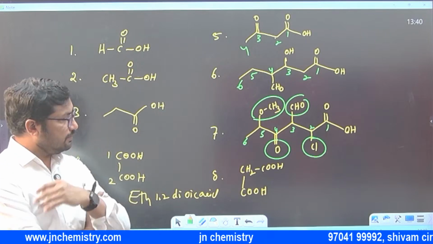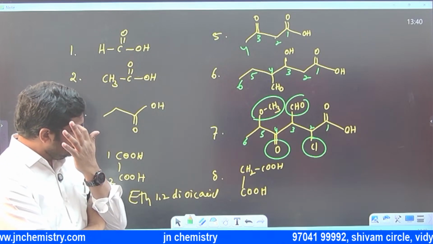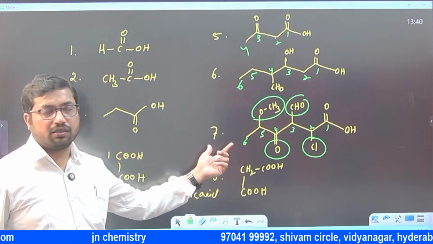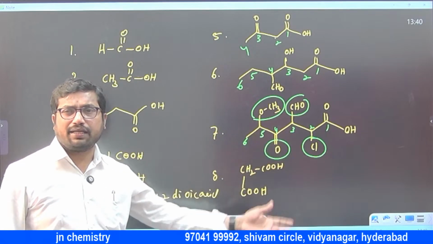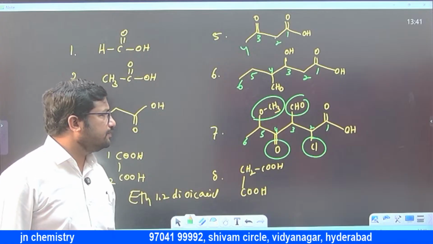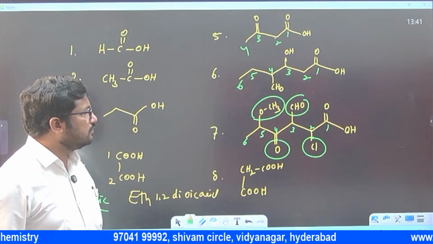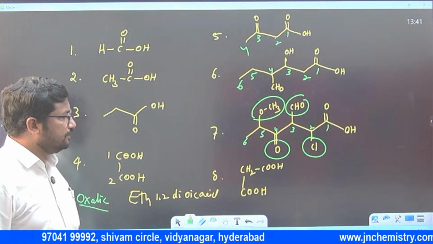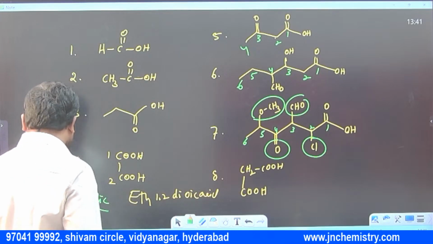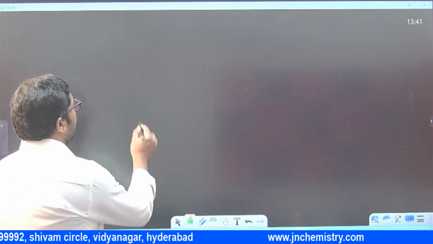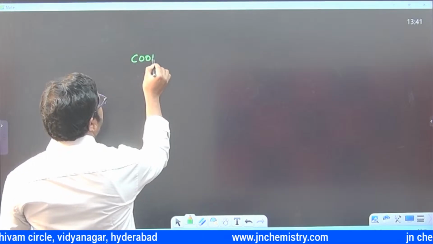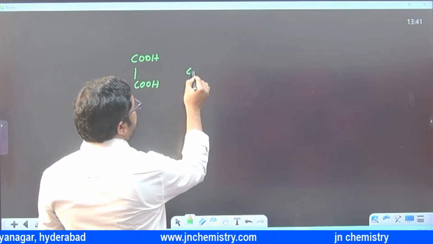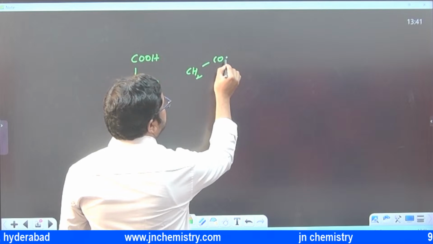Don't take this much time. Just write the names in alphabetical order. Hexanoic acid. Good. So this is malonic acid. I'll explain this. These are combinations of these things. Oxalic acid. So we can increase by one carbon.